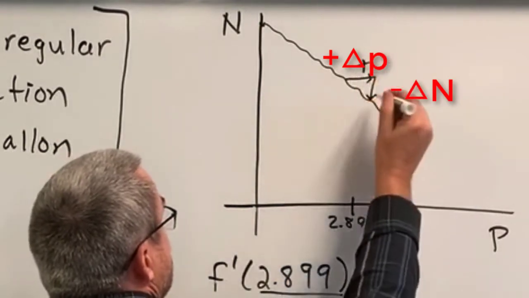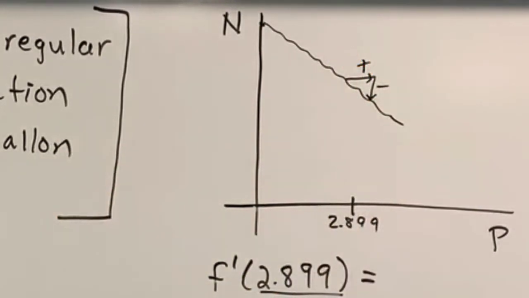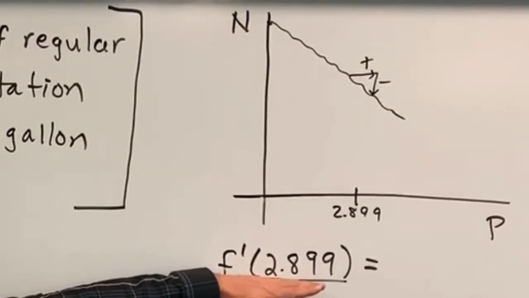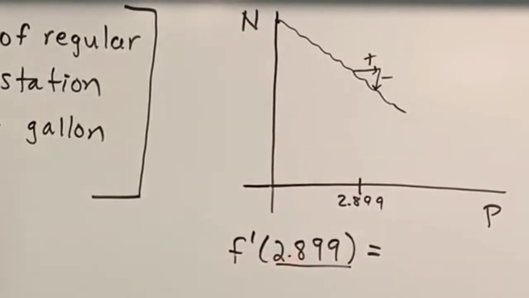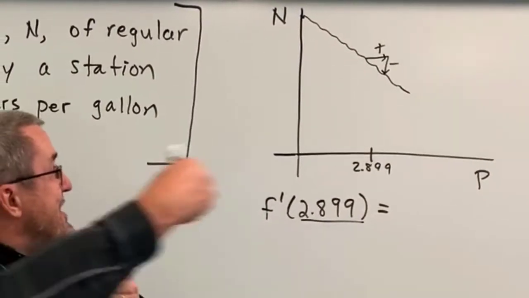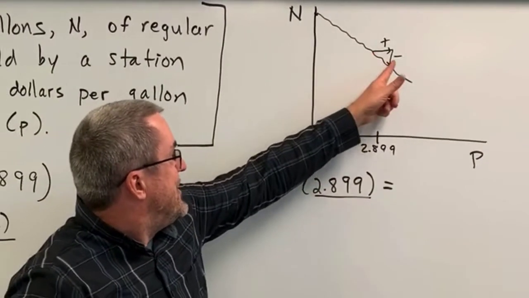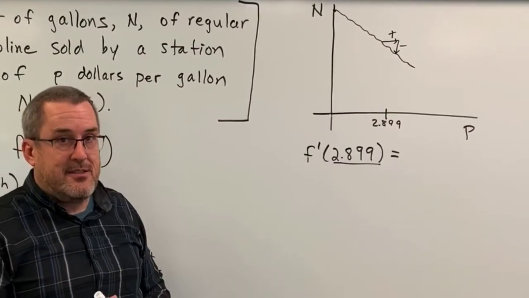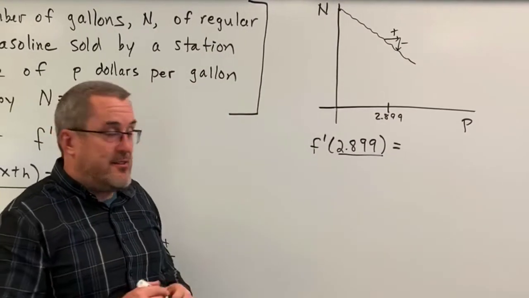We'd have a positive, we'd have a negative. And so this derivative could be interpreted as follows. At a price of $2.89 and 9/10, if you increase the price, the number of gallons of gasoline will decrease. So the derivative would have a negative quantity.